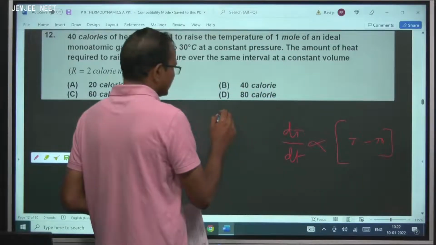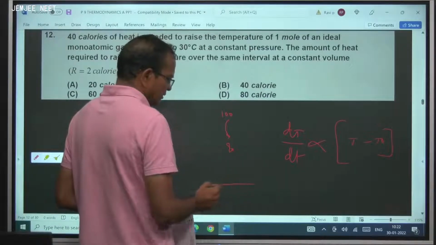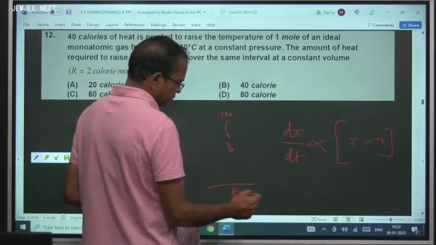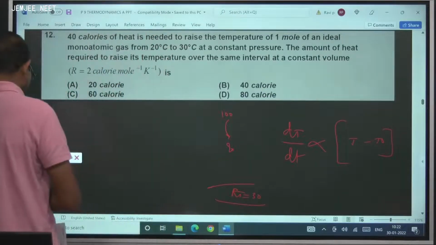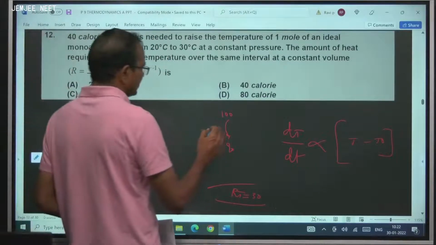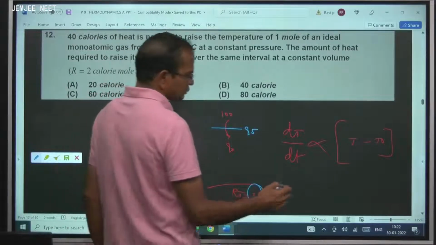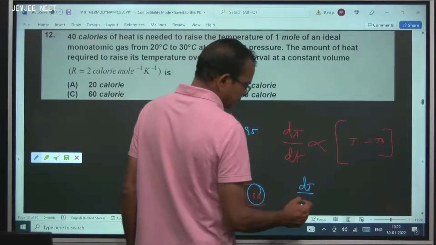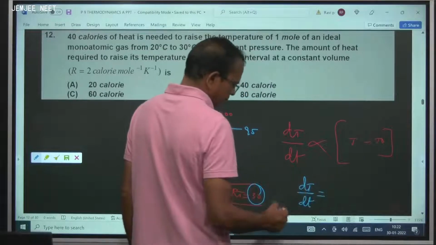If your coffee is getting cooled from 100 to 90, whereas the room temperature is 30 suppose, what is the excess temperature of your coffee in the given range? 95 is your average, room temperature is 30. So the rate of fall of temperature, rate of cooling, is proportional to 95 minus 30.